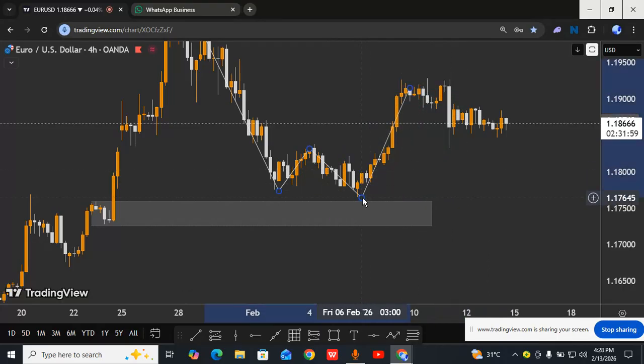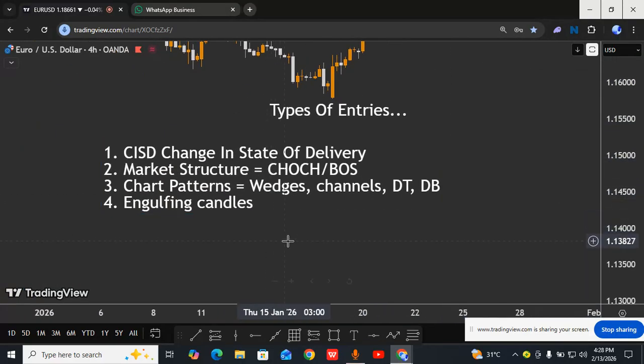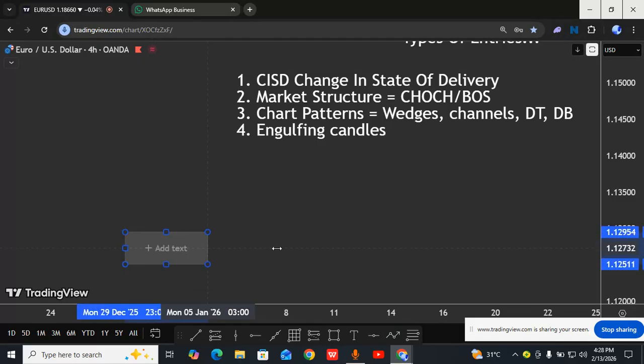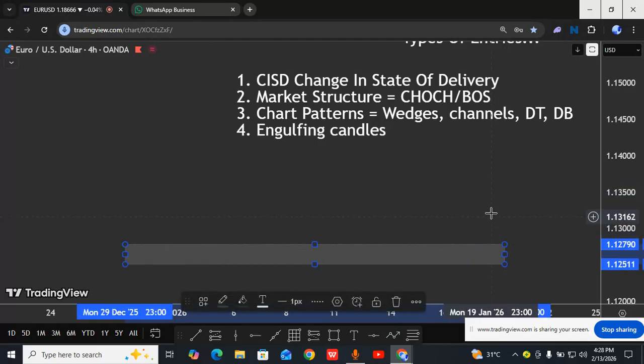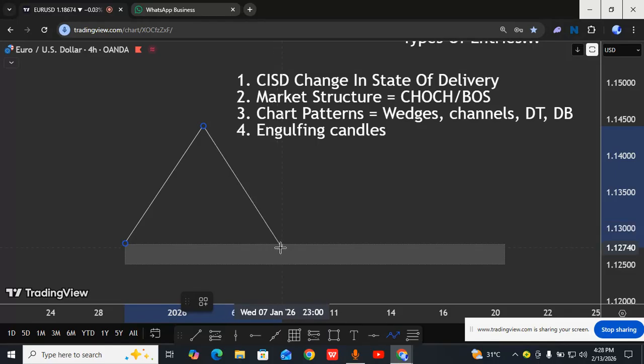First of all, let me break down the change in state of delivery. This CISD simply means, let's say for example, we have a point of interest somewhere around this zone, and price rallied from that zone, making it a demand zone. Now we're waiting for price to retrace down into this level, and then we will take a buy.